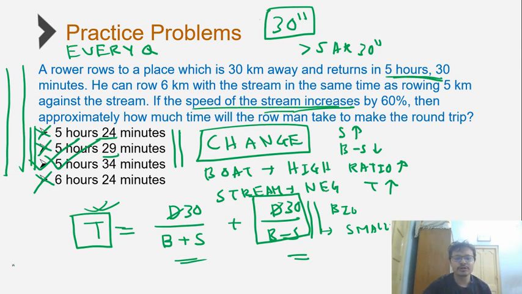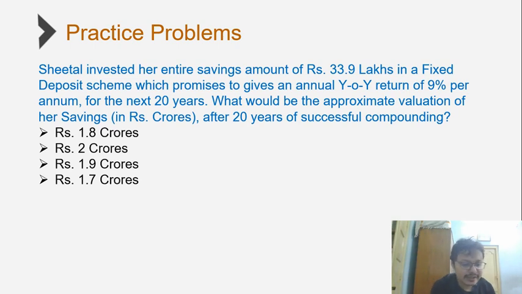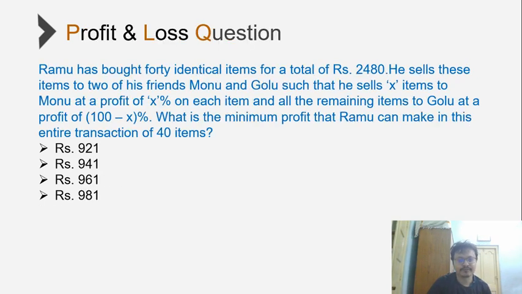So all you need to do is check which of the options has a very slight increase, and that would have given you the answer as 5 hours 34 minutes. So as you can see, most questions involve 30-second approaches.